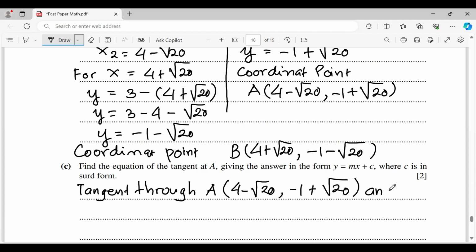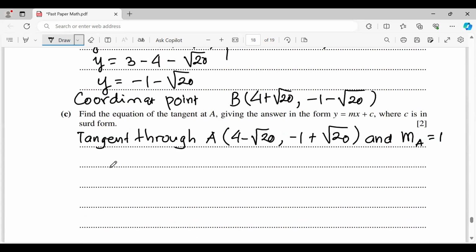And m equals 1, the gradient of the straight line through A. And then we can determine the equation through this formula: y minus y1 equals m times x minus x1.